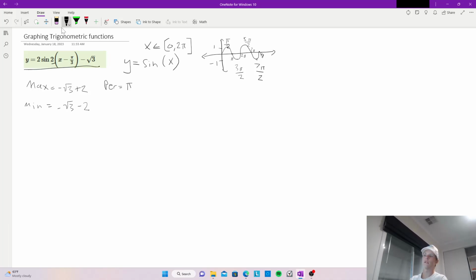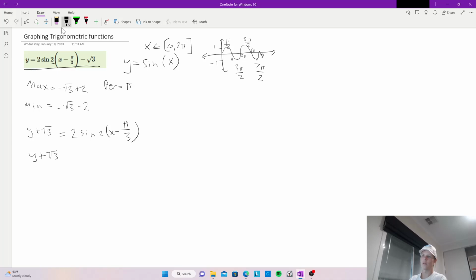So I'm just going to have to simplify this one here. So that's going to be y plus square root 3 is equal to 2. You just want to bring all the terms you can bring over to the left-hand side where the y is. And we've got 2x minus pi on 3. And then we can still further simplify this.